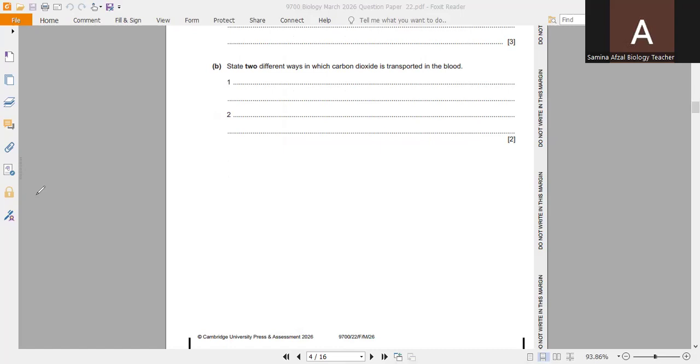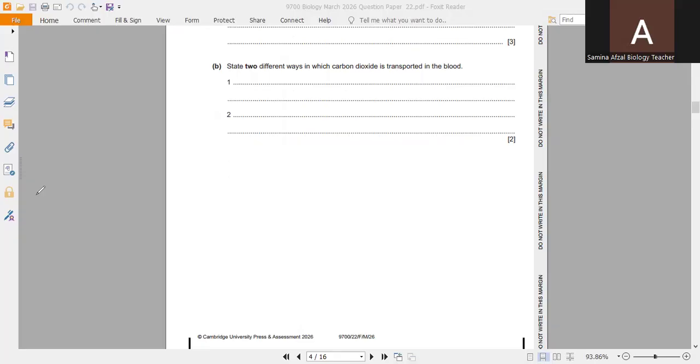The majority of the carbon dioxide is transported this way. Secondly, combined with hemoglobin to form carbaminohemoglobin. And thirdly, it dissolves directly as a gas in the blood plasma. So these are the 3 points. I will write all these three. You will choose according to your convenience.